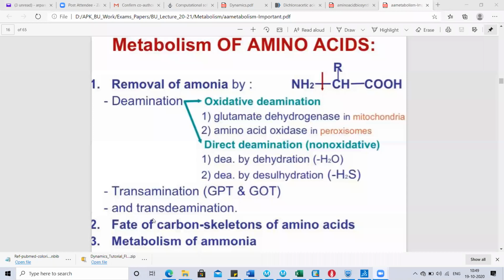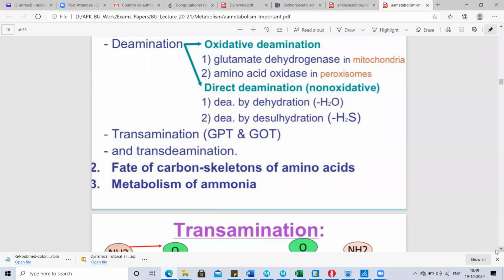And what happens when ammonia is removed from the amino acid? Then what happens to the carbon skeleton? It will either enter into other metabolic pathways like TCA and others, or it will get metabolized by itself.